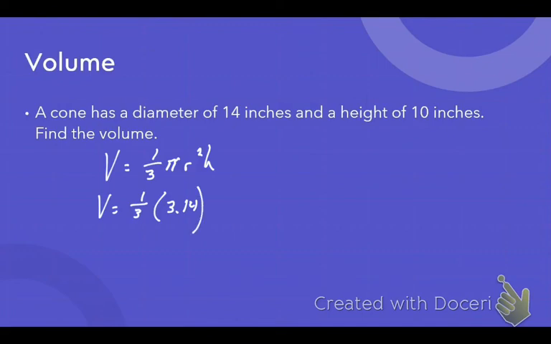What's my radius, guys? 7. Did you get 7? And then times 10, which is your height. Once you multiply all those and divide, what did you get? I thought it was 512.9. So volume is approximately 512.9.